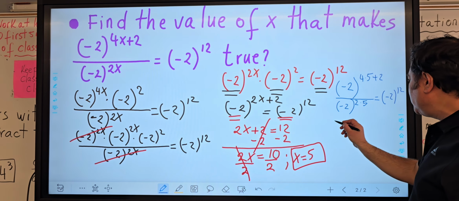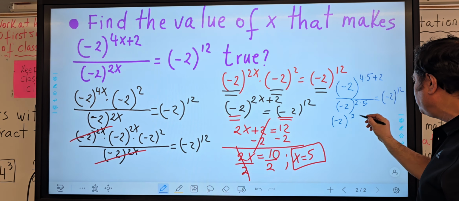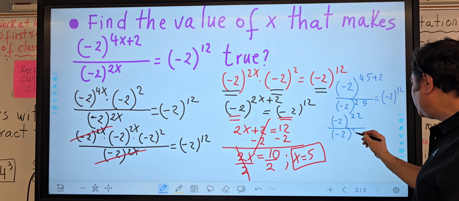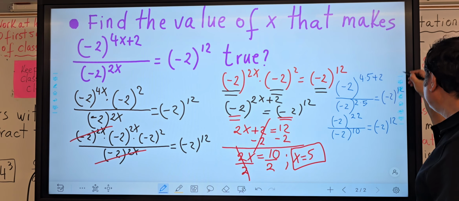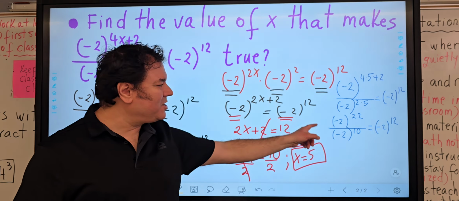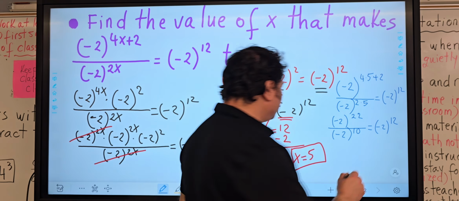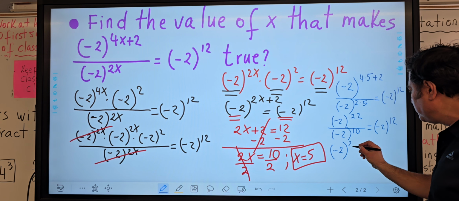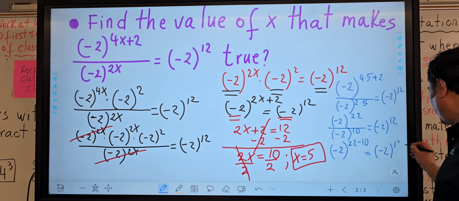And let's continue here. So we have negative 2 on the top to the power of 4 times 5 is 20. 20 plus 2 becomes 22, divided by negative 2 to the power of 2 times 5 is 10, equals negative 2 to the power of 12. Okay, now we are going to use the quotient of powers property. So we have the same base, and then we subtract the exponents. So here we have negative 2 as the base, and we are going to subtract the exponents. 22 minus 10 equals negative 2 to the power of 12.